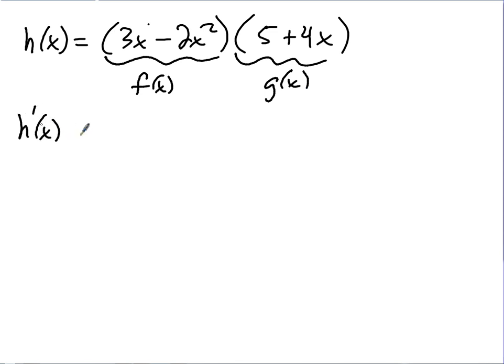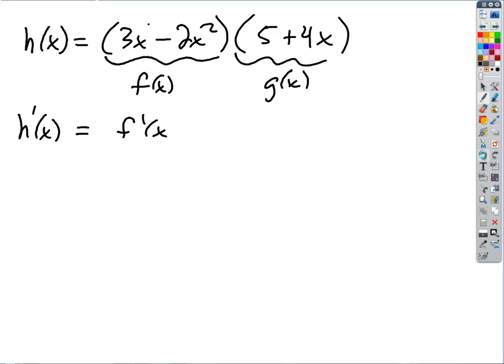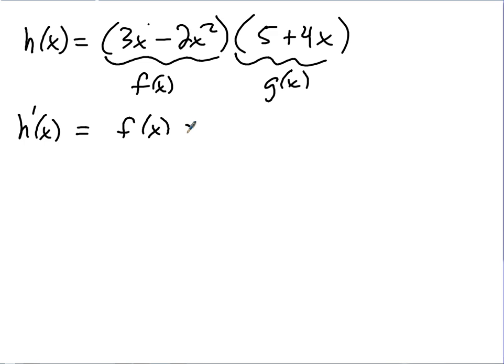So h prime of x then would just equal f of x. As we're going to see, it doesn't really matter which order you do these in, but we'll just be consistent. f of x times g prime of x plus g of x times f prime of x. So these are easy derivatives to calculate.